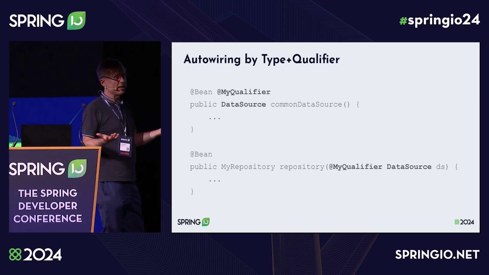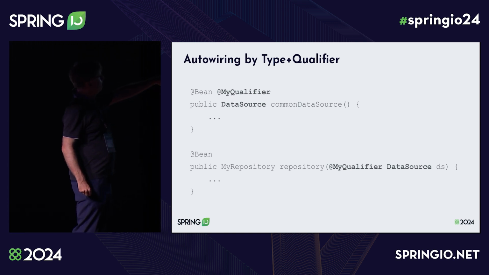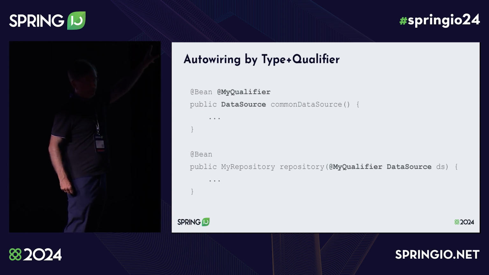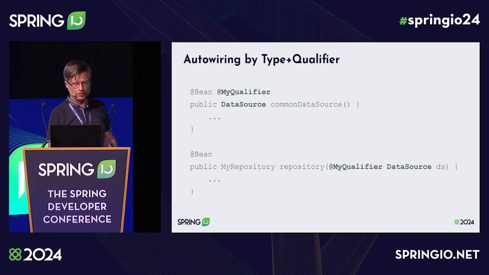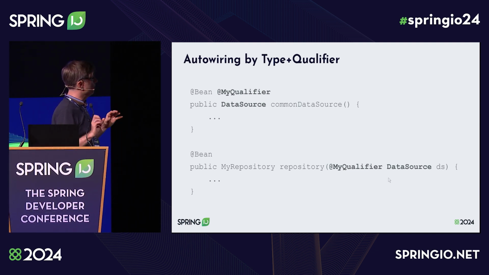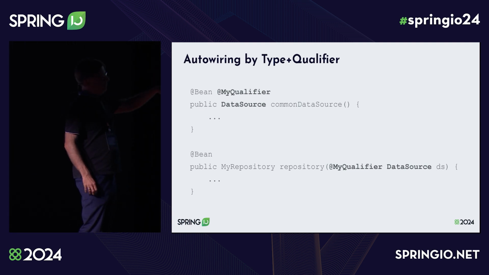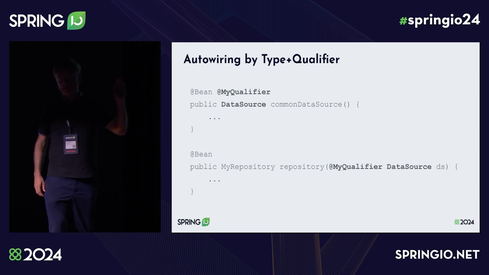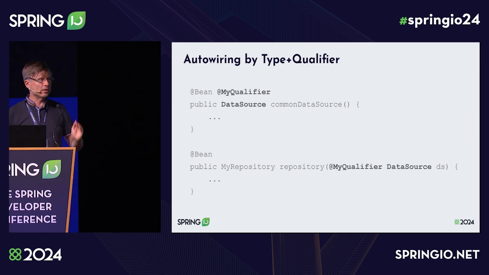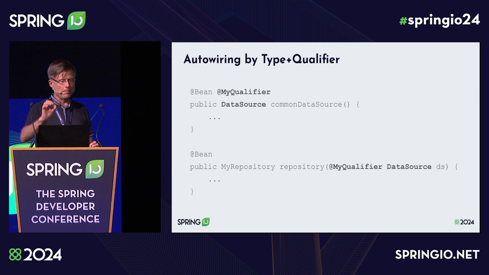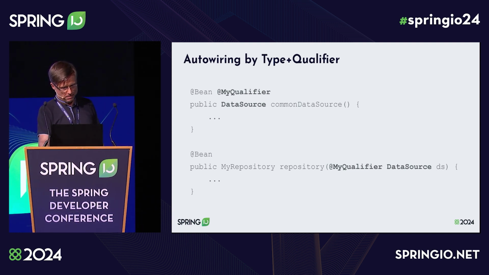But fundamentally, it's just an annotation that you can build yourself. You declare it at the target bean and also at what we call the injection point down here, where it's being injected. It's type plus qualifier. The qualifier only has significance within the set of type matches. So the type match always comes first. It's a my-qualified DataSource. Right? It's both combined.